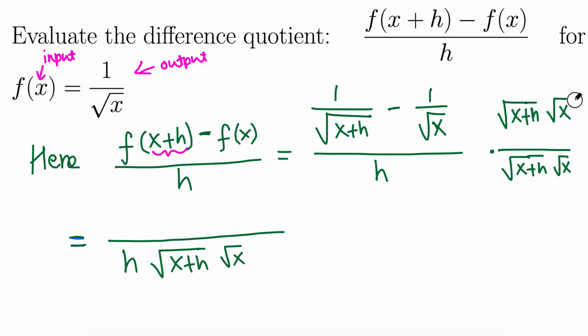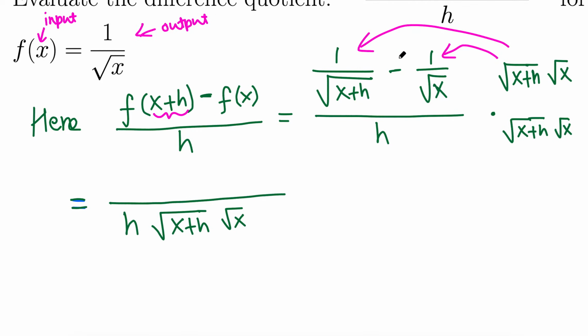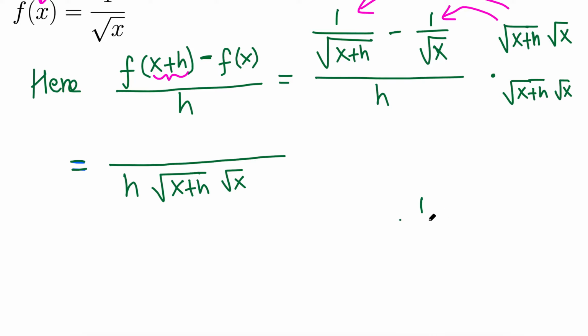Now we're going to multiply this to the first fraction minus second fraction. We have two terms, so we need to distribute. On the bottom we had only one term, so we don't distribute there. When we multiply this fraction by this, it's pretty much 1 over x plus h times x plus h root x.